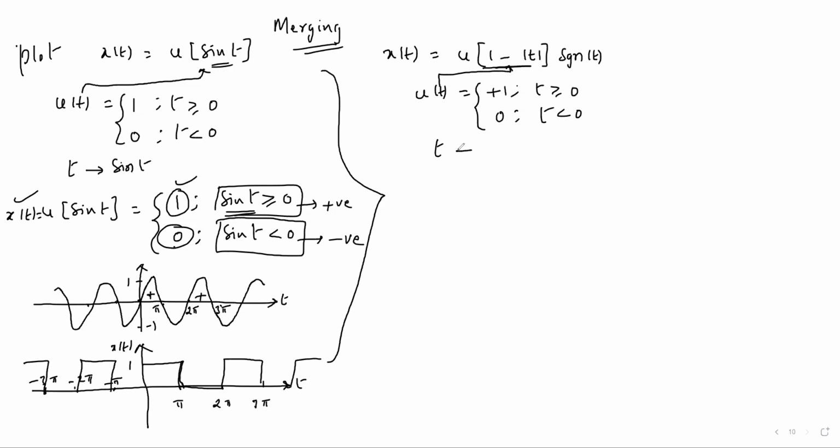So let us replace t with 1 minus mod t here. Means we will get u of 1 minus mod t equal to 1 when 1 minus mod t is greater than or equal to 0. It is 0 when 1 minus mod t is less than 0.